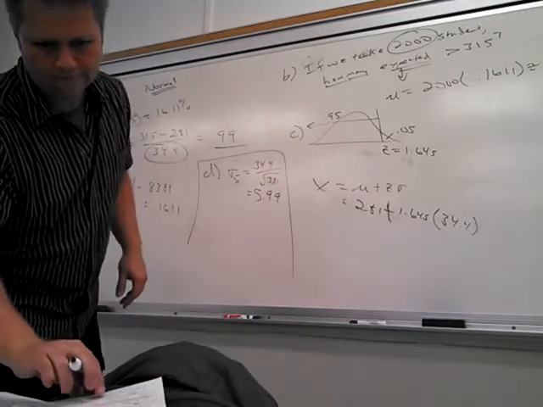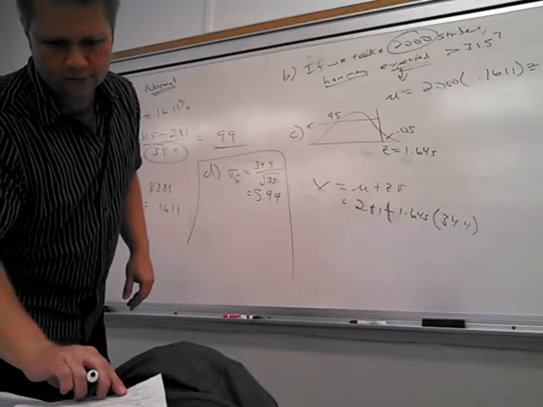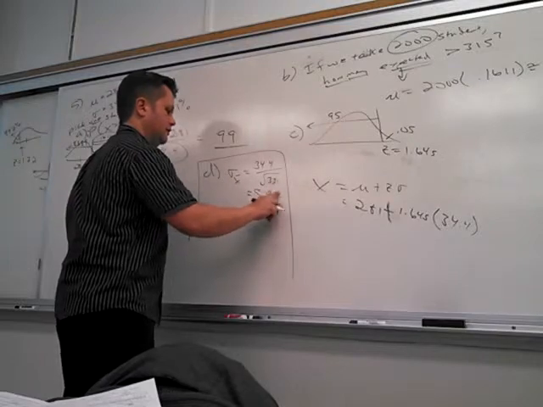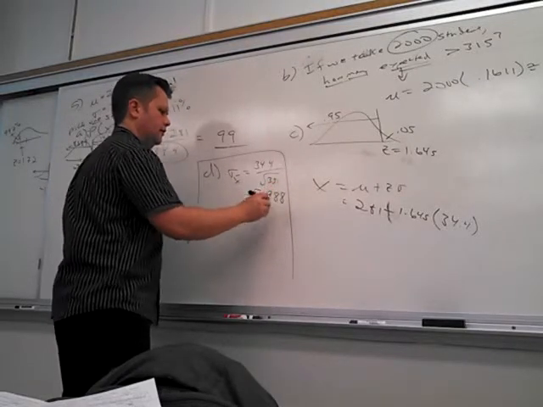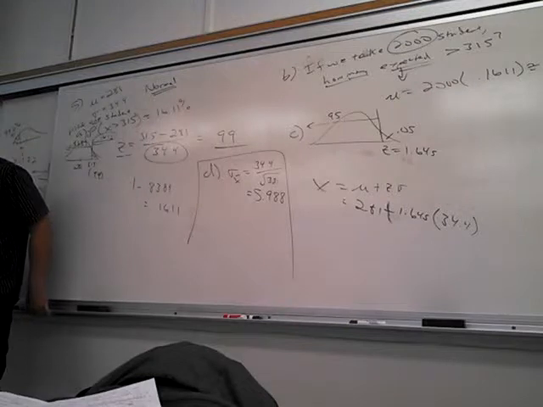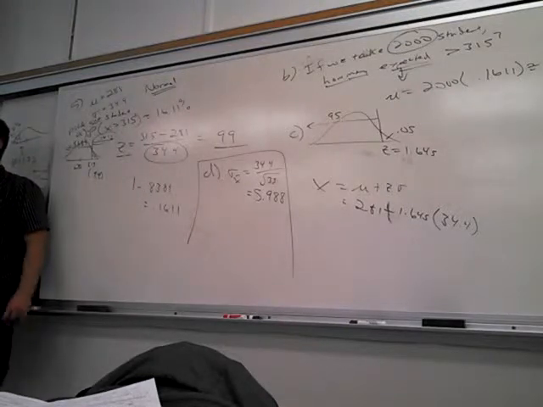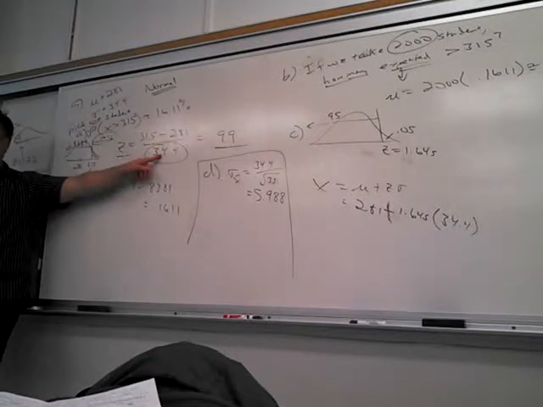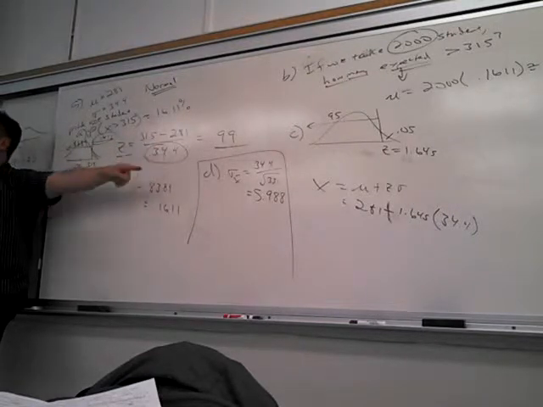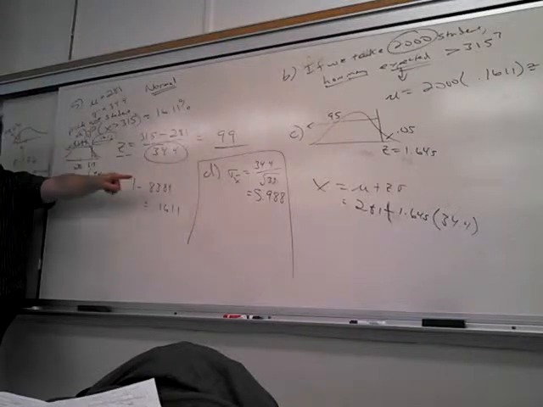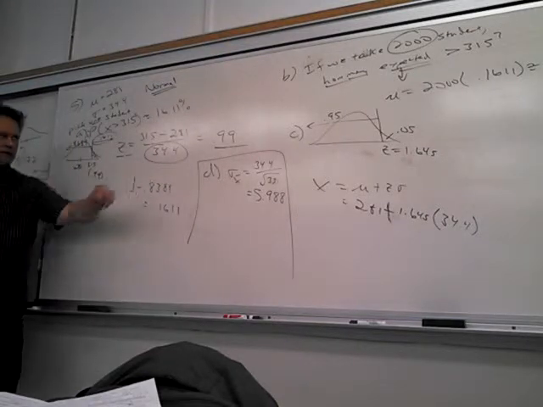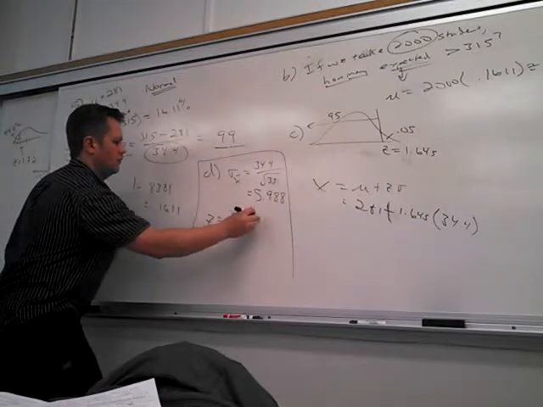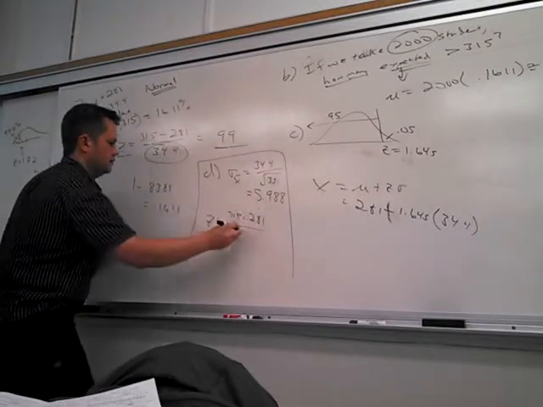What did I use? 5.988. So it's the same exact work. You just don't use that number, because that number is for individuals. I need the one that tells me how spread out groups of 33 are. That's what that number is. So the z-score, the picture's the same. The z-score will now be 315 minus 281, divided by this.